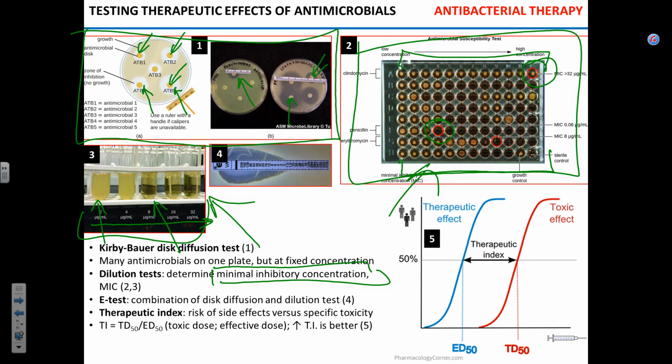Is that clear? So to determine this, the great thing is the E strip. You see that one? Number 4. E strip is a piece of special paper infused with antibiotic. The concentration of antibiotic changes from very high up here to very low down here. Okay? You see? High concentration, low concentration.